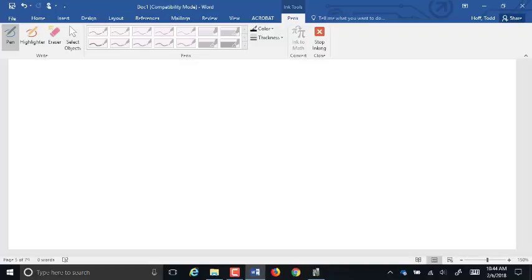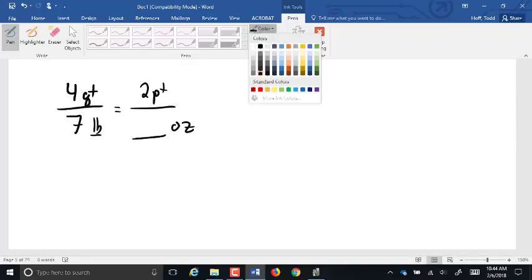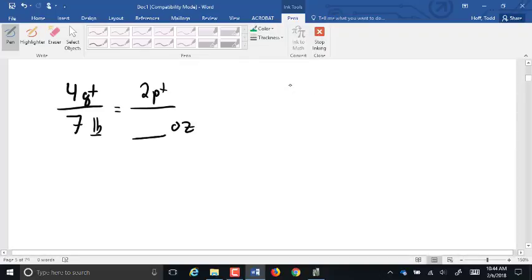We might have something like 4 quarts is equivalent to 7 pounds. And we want to know 2 pints would be how many ounces? Well, to do these, this is a rate because the unit on top and the unit on bottom are different.